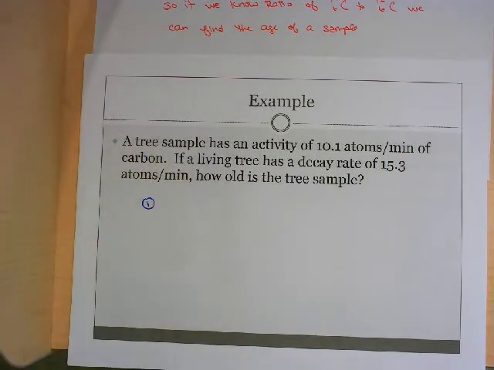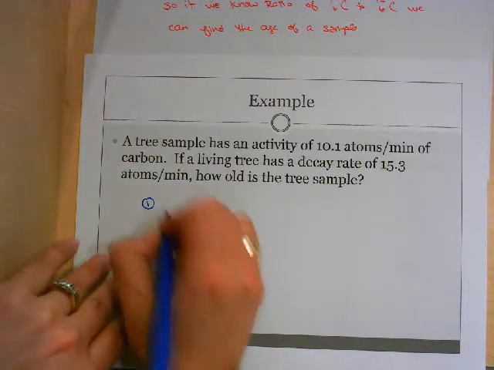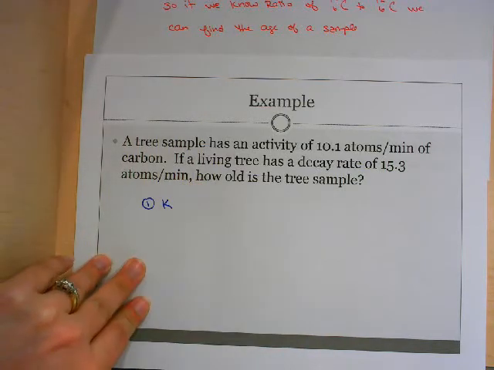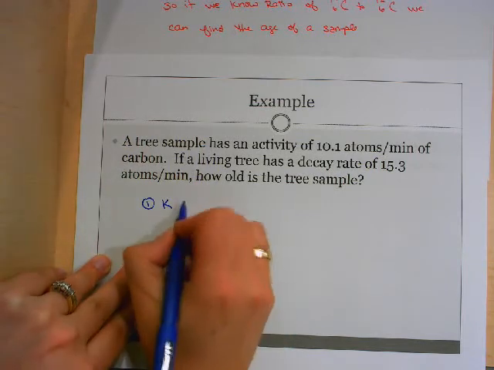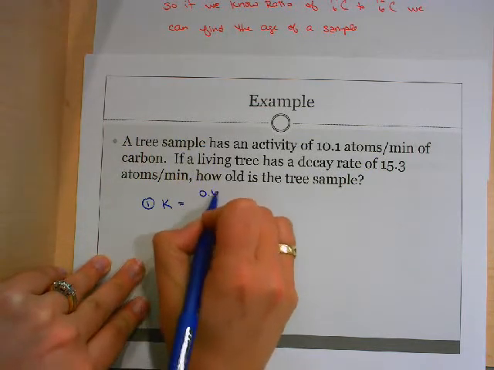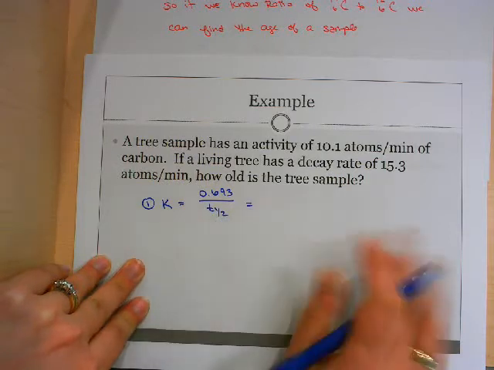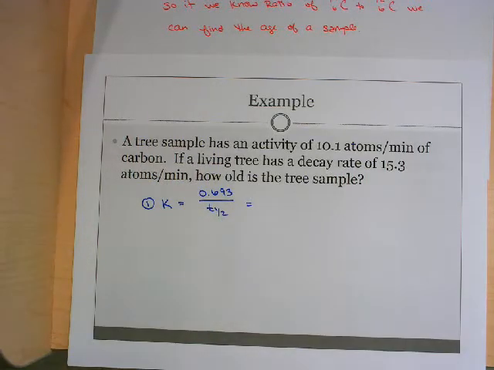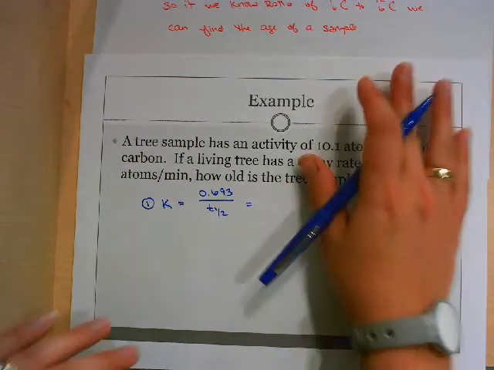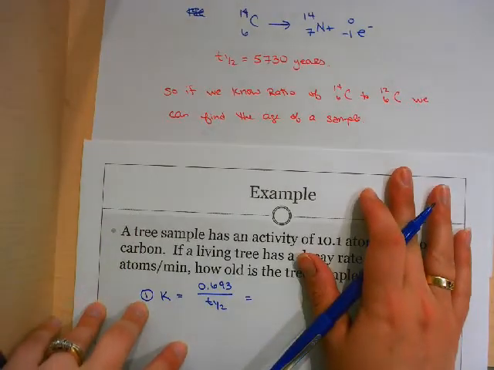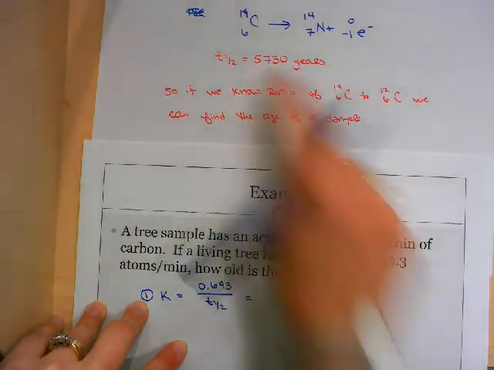So it's really a two-part kind of question. First, we have to find our rate constant for carbon. Alright, so using that equation, k = 0.693 over t_1/2, because t_1/2 for carbon-14 is known. It's 5730.